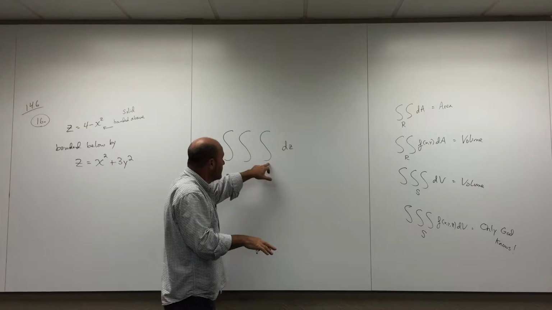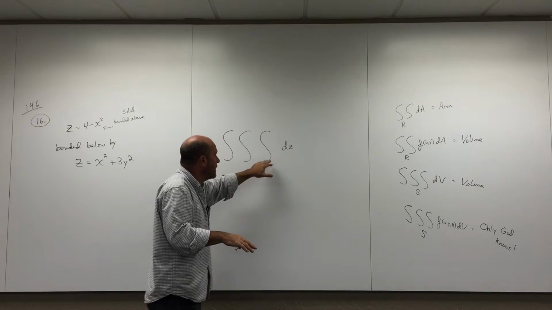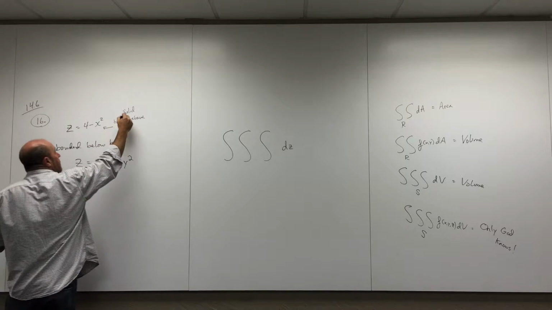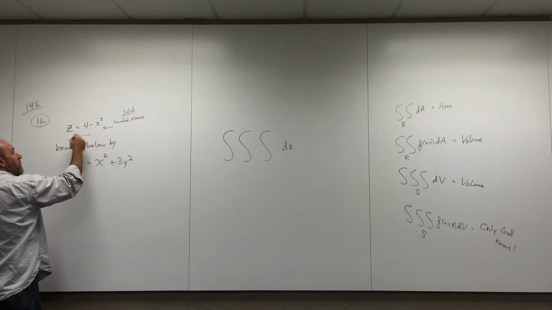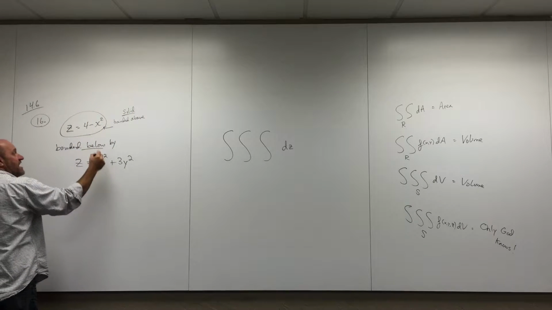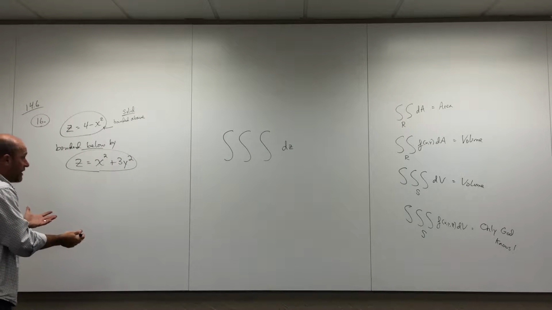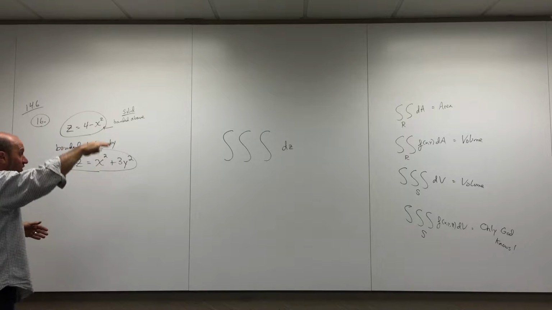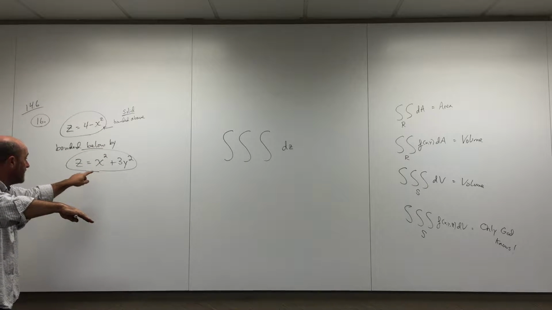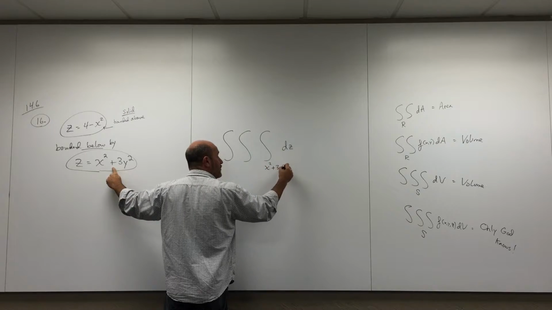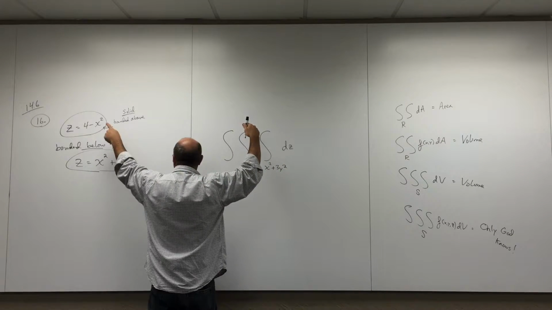Or maybe the lower surface is 0 to some upper surface. In this case, I have some solid that's bounded above by this and bounded below by this. So without a whole lot of drawing or thinking, I think my z would go from a lower bound of this z to an upper bound of this z.